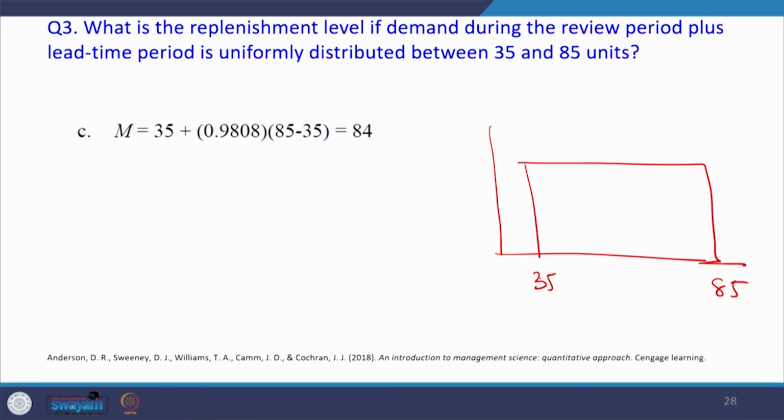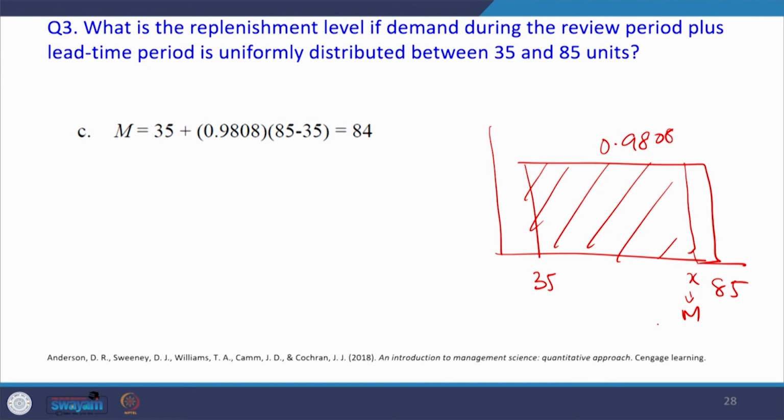So, we should know, if the left side area is this much, what is this area? This is 0.9808. We should know what is the value of this point. It is m. Instead of x, you can call it m.